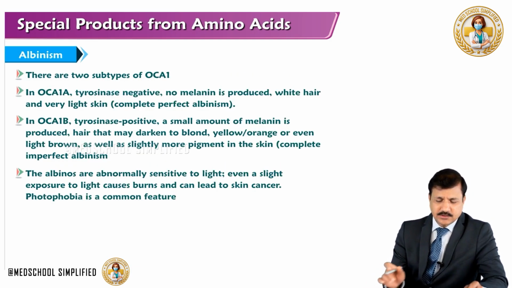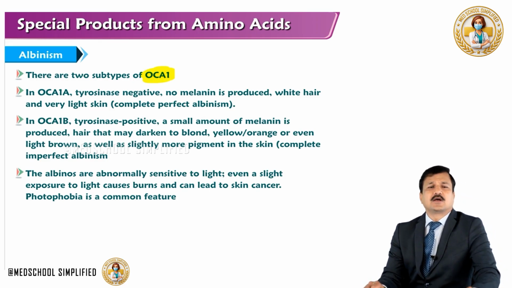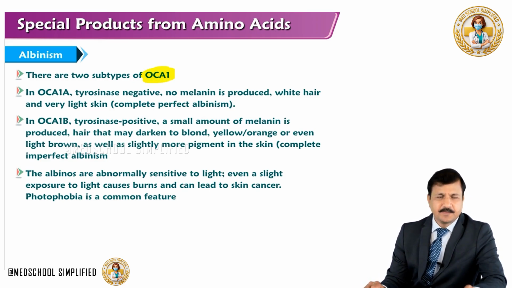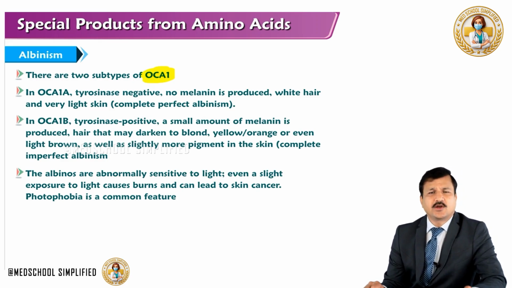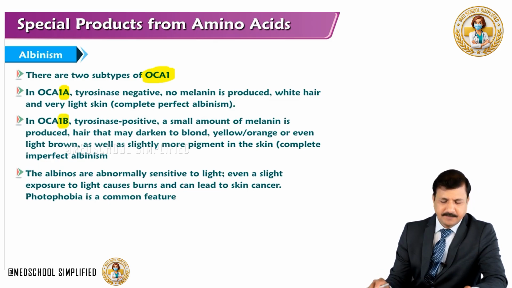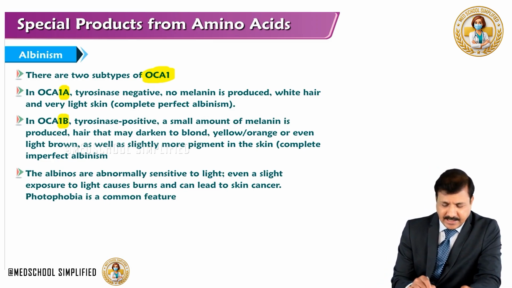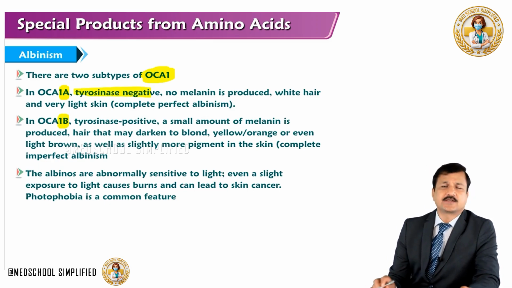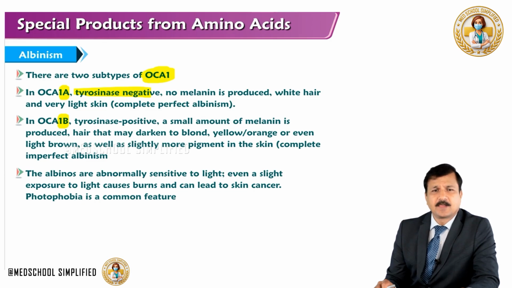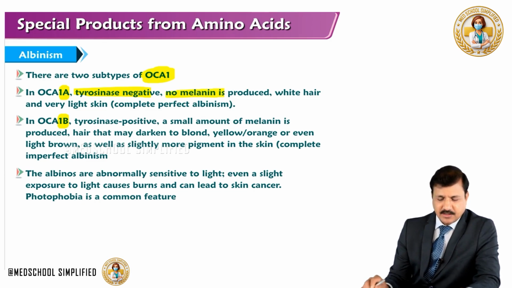Now, there are 2 subtypes, oculocutaneous albinism type 1A and type 1B. In type 1A, tyrosinase is negative, that means no tyrosinase activity is seen, and that means no melanin is produced.